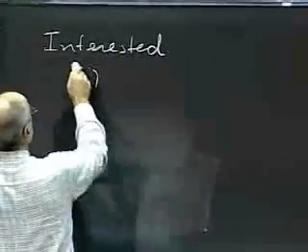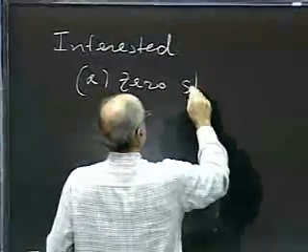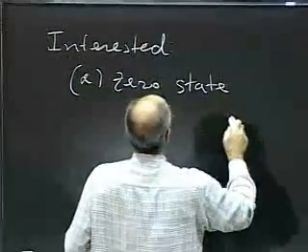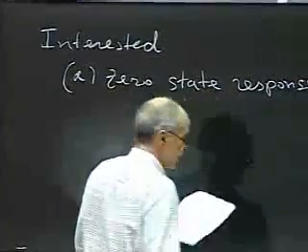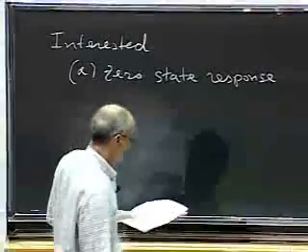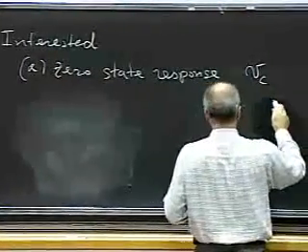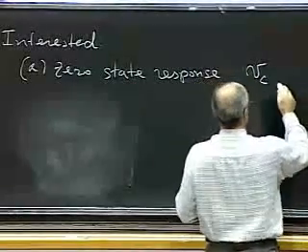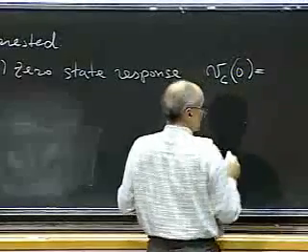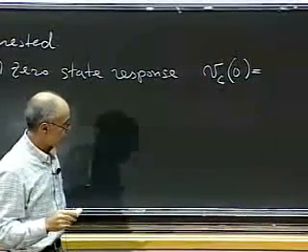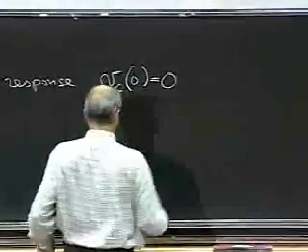One is the so-called zero state response. Now, what is the zero state response? It's the response to a condition in which we impose an input and also impose the condition that the initial state on the capacitor is 0.